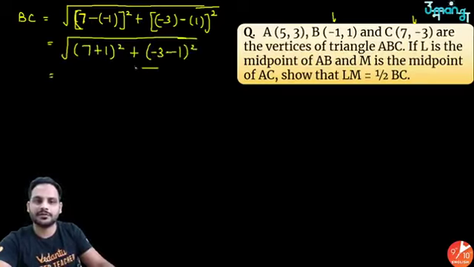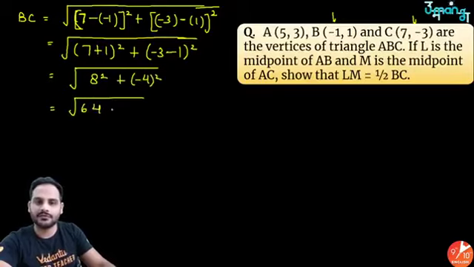So it will be square root of 8 square plus minus 4 whole square. 8 square is equal to 64 plus minus 4 whole square is again 16 only. Minus into minus is plus. So BC we are getting equal to square root of 64 plus 16, which is 80.